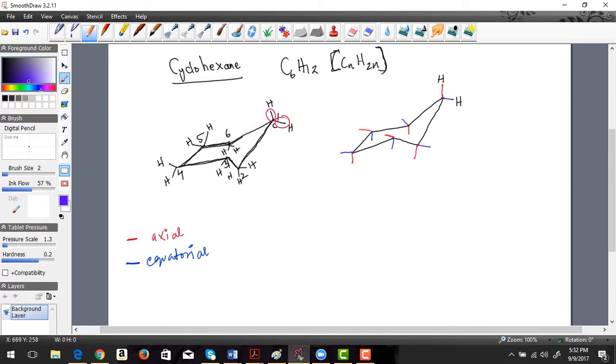Now let's fill it with hydrogens. You just have to remember the first two, and then the rest you can just alternate them. So this is axial hydrogen, this is equatorial, equatorial, axial, and so on, alternating around the ring.